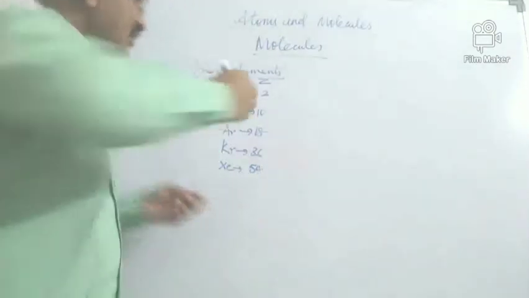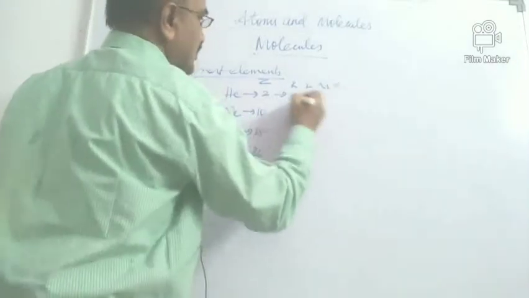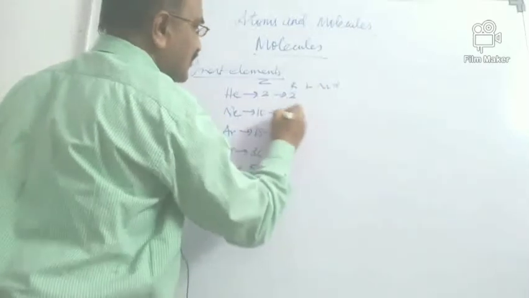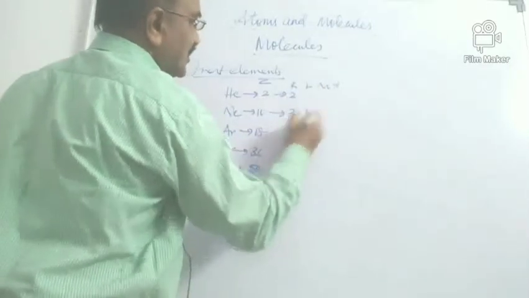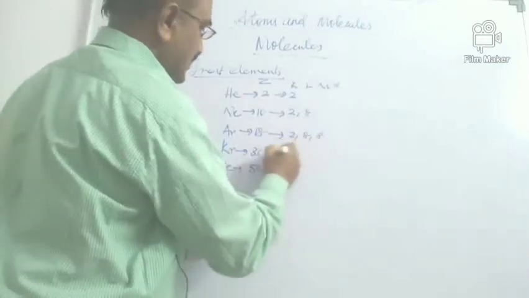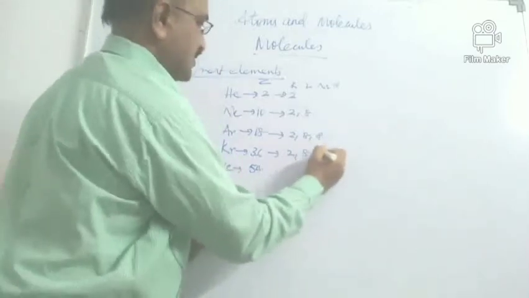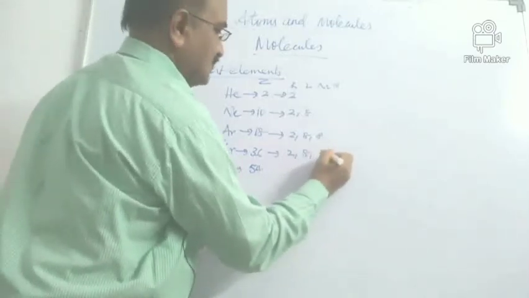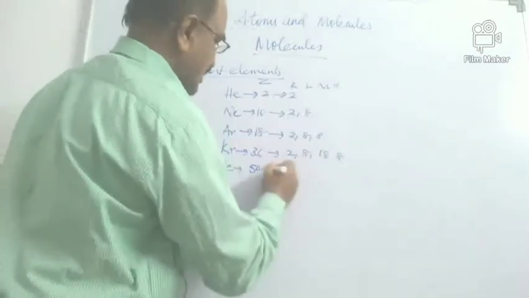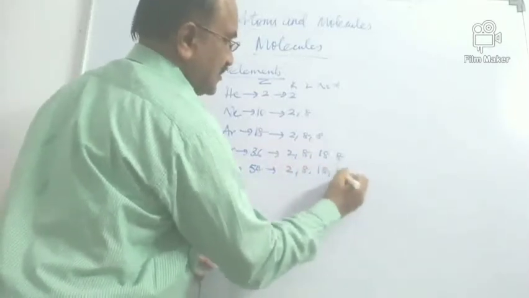So children, when we write the electronic configuration in K, L, M, N shells, the K shell has two electrons and is completely filled. Helium is 2, neon is 2, 8, argon is 2, 8, 8, then krypton is 2, 8, 18, 8, and xenon is 2, 8, 18, 18, 8.